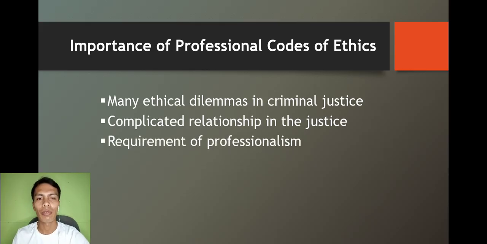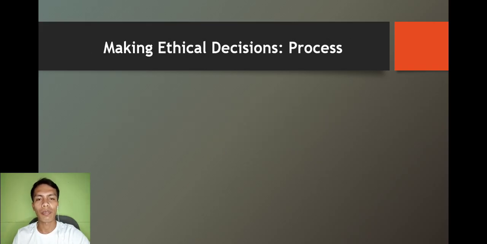So when you become a professional someday, my dear students, it is a requirement that we act as a professional, and we do what is right as a professional. We need to follow the right conduct, the right ethical standards, in our profession.